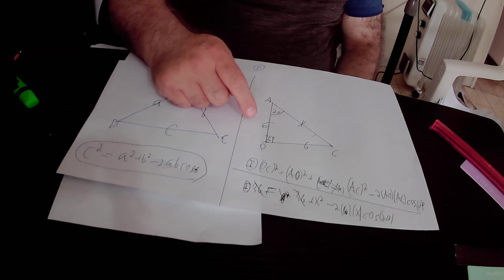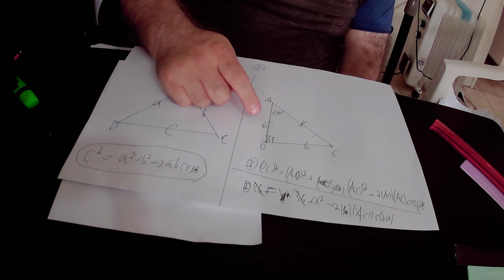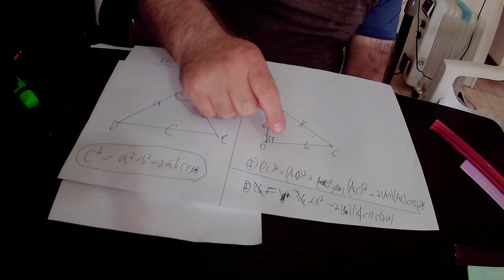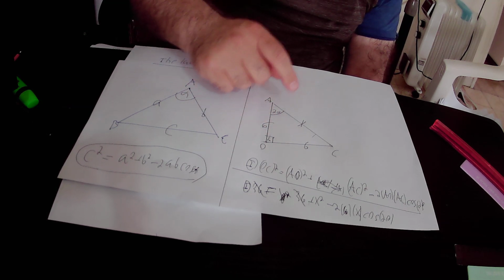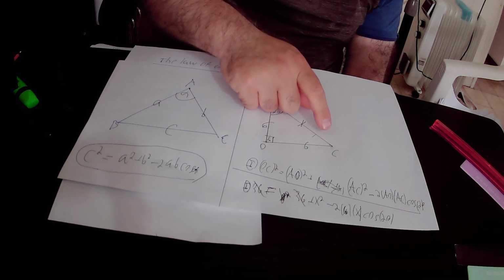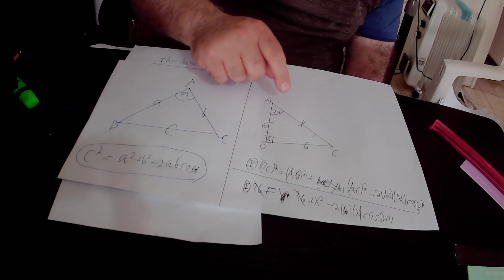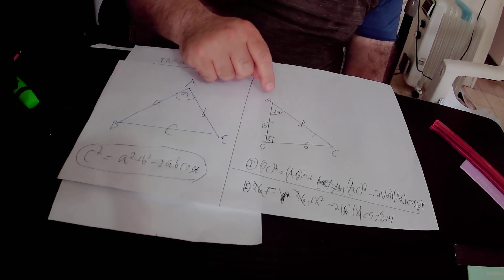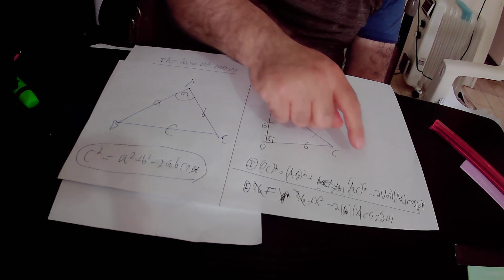OC equals 6 units, therefore OC squared is 6 squared, that is 36. AO equals 6 units, therefore AO squared is 36, plus AC squared. AC is x, so AC squared is x squared, minus 2 times 6x, times cosine 2 theta.